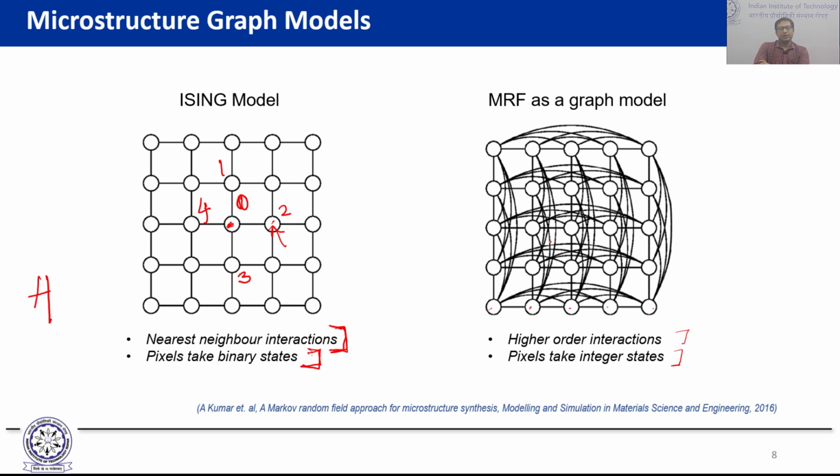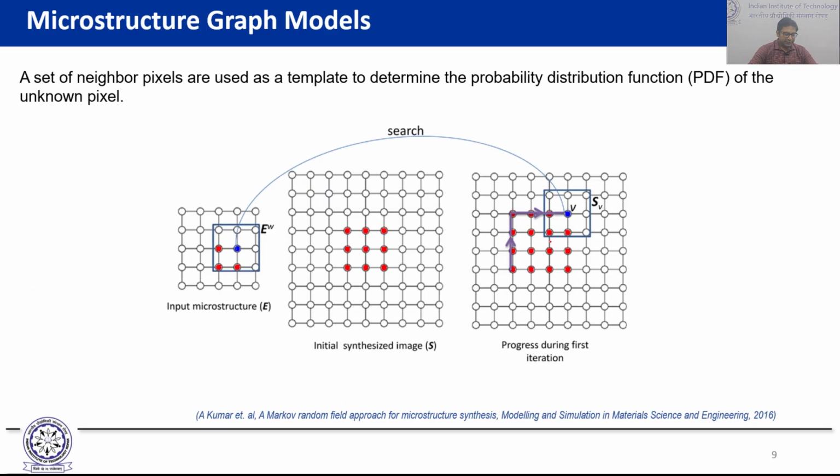If you think about it, at the very core, these microstructures can be thought of as a collection of spatially arranged phases or grains. And from that perspective also, graph based models are a very natural way of capturing the spatial relations. So when you are thinking of microstructure graph models based on this idea of Markov random field, we start with the input microstructure, and we take an arbitrary neighborhood around a reference atom.